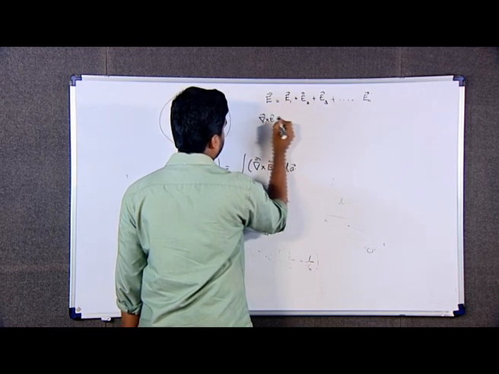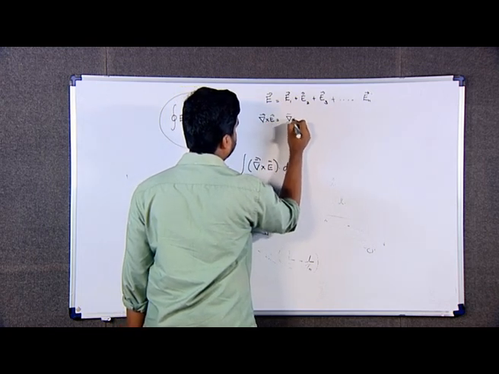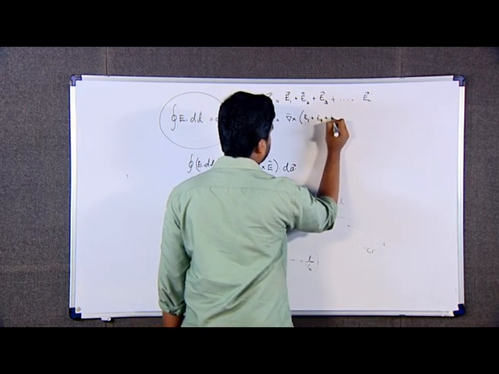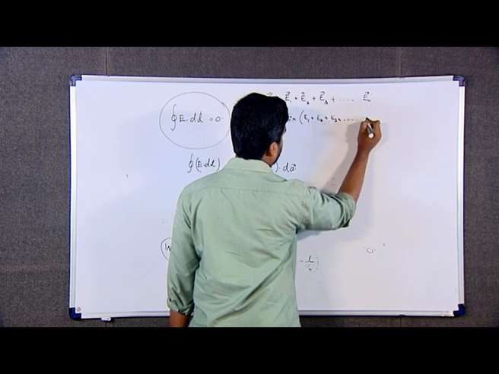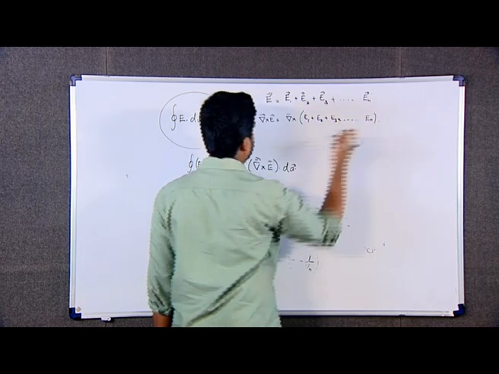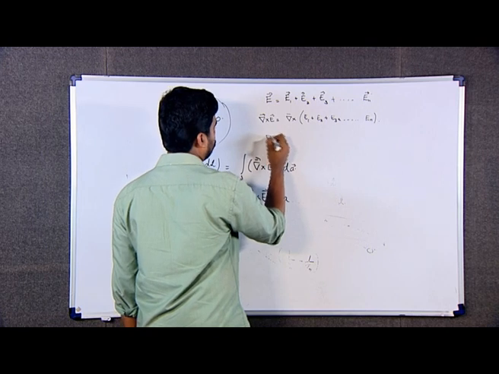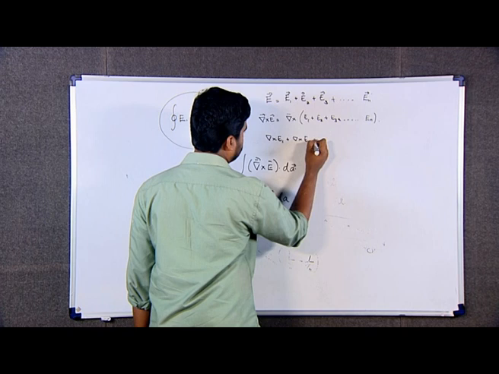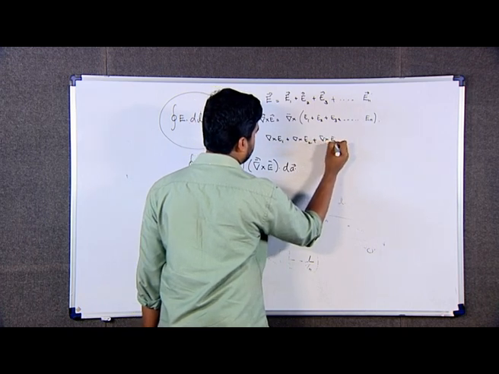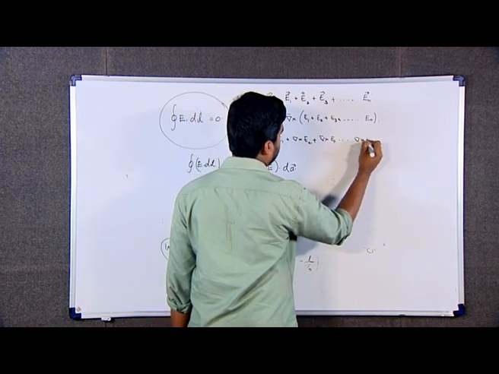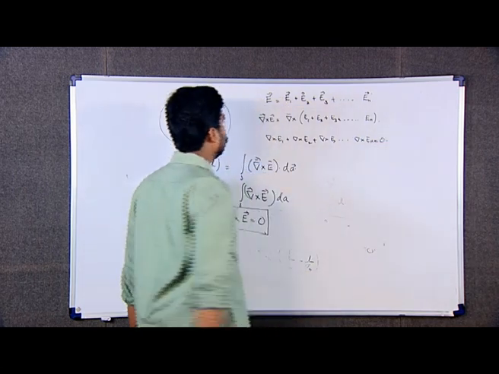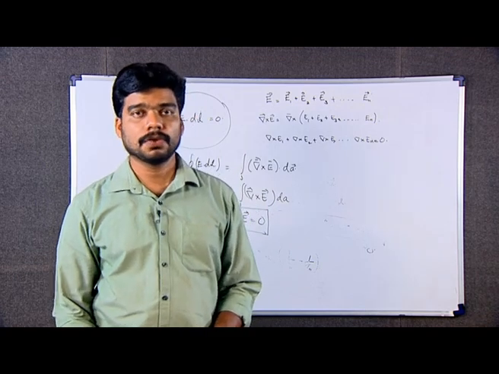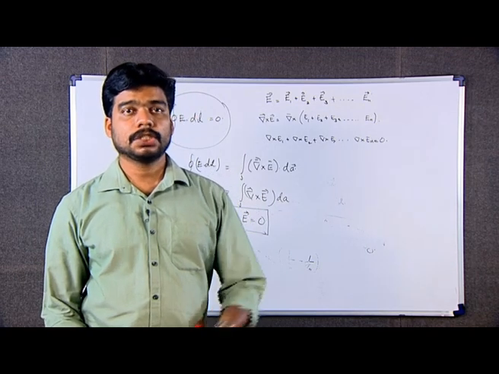Del cross E is equal to del cross of E1 plus E2 plus E3 up to En, which is equal to del cross of E1 plus del cross of E2 plus del cross of E3 up to del cross of En, which is equal to 0. That means del cross E is equal to 0, we have proved just now.